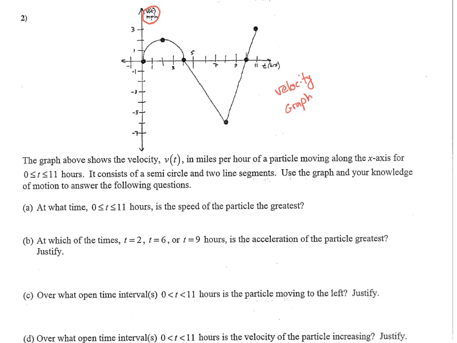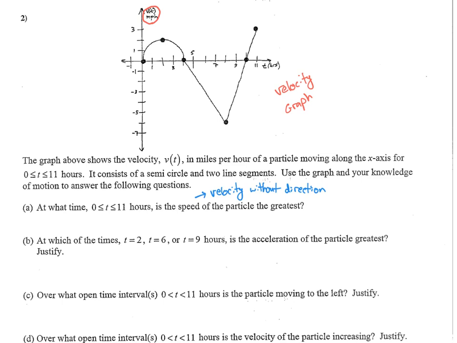Now, the speed of a particle is the velocity without caring about direction. So we don't especially care whether the particle is moving to the right or to the left. All we care about is what's the absolute fastest the particle is moving. How I want to guide you through this is to think about what the speed would be at this particular point in time, right there.